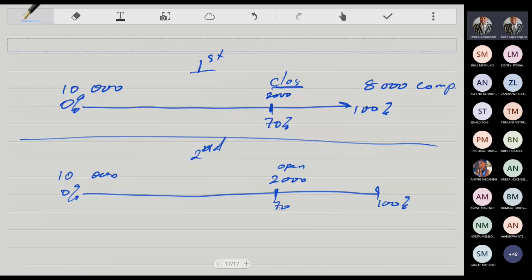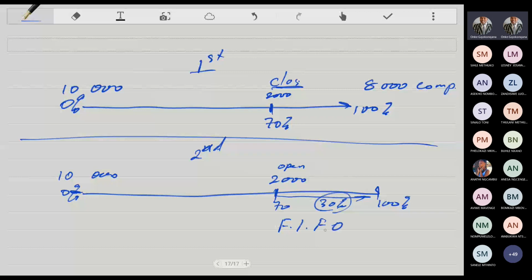The one that's sitting at 70%, or the ones that are sitting at 0%? We agreed that a company can decide to firstly complete the ones sitting at 70% and complete the remaining 30%. We call that first in, first out.